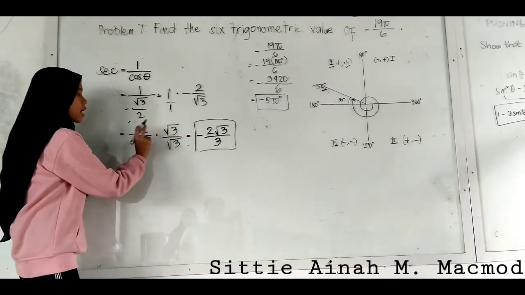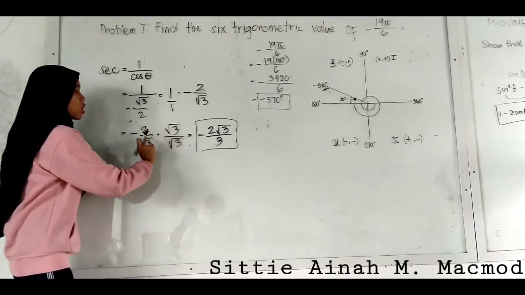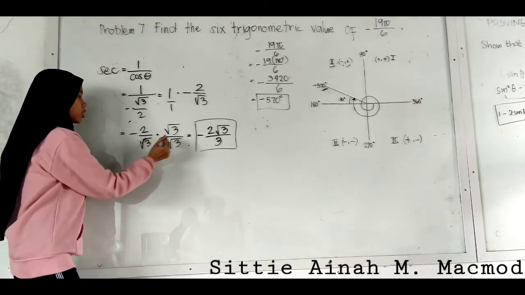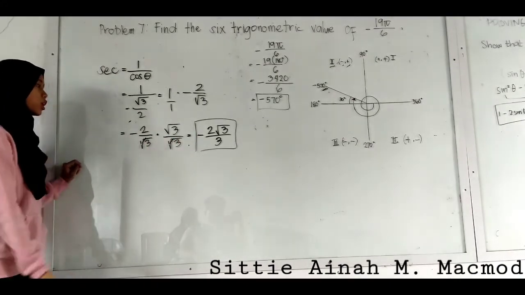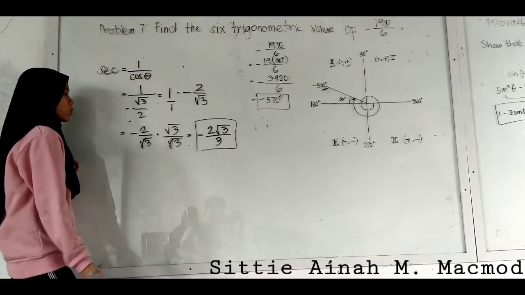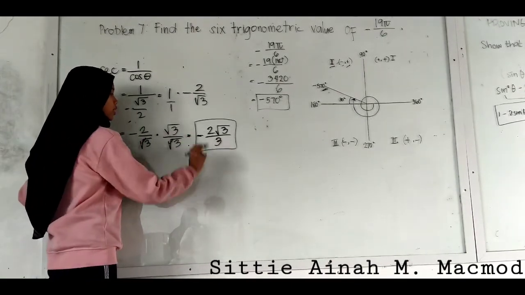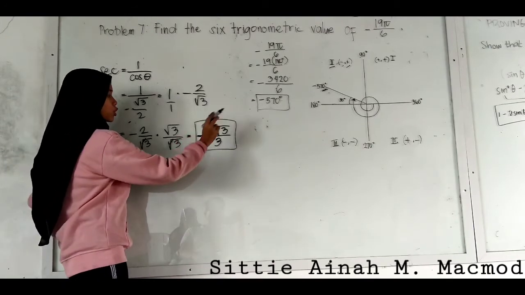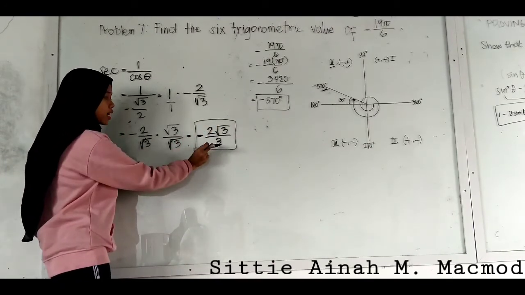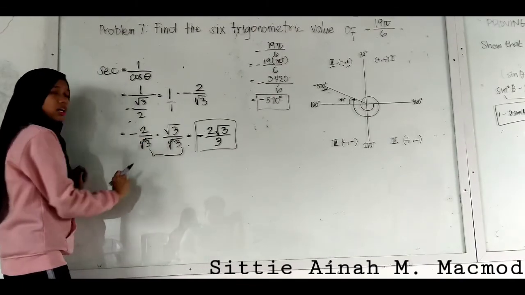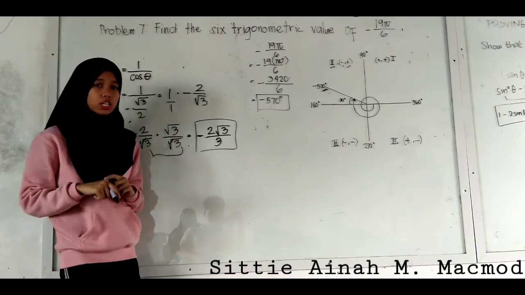Let's apply square root of 3 over square root of 3, and we cancel the square root. So, it resolves to negative 2 square root of 3 over 3. That's all. Thank you.